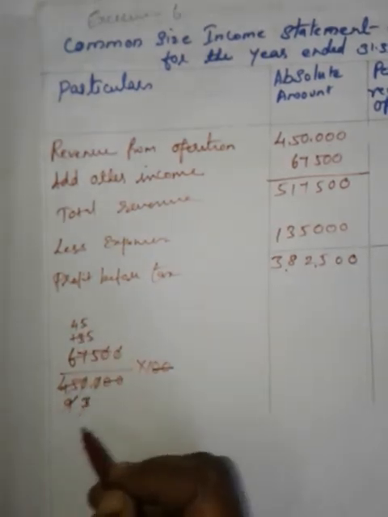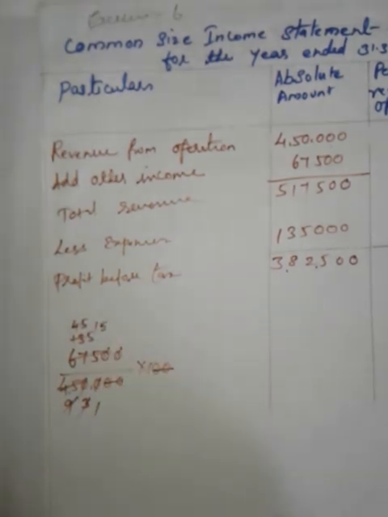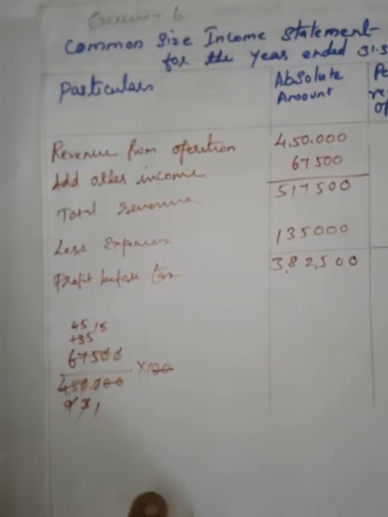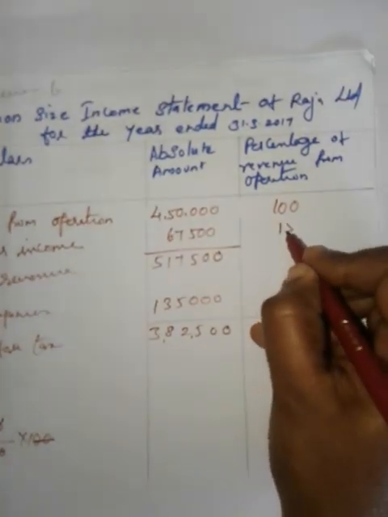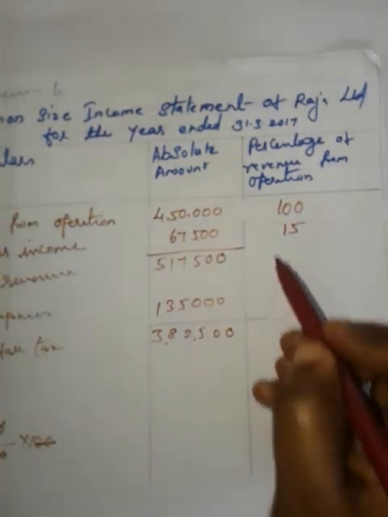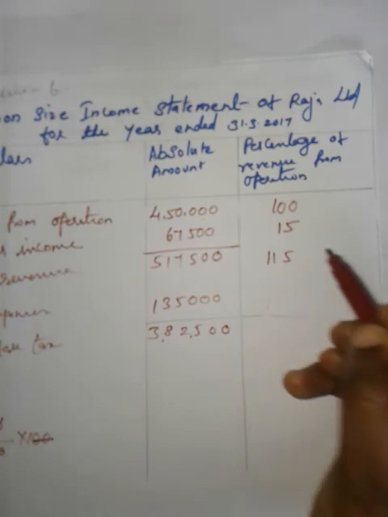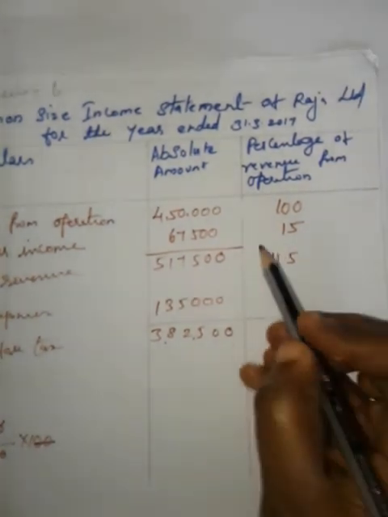Next one more we will make. 5 3s are 15. So we get 15, and here we can make 15 as percentage. Then you can add: 100 plus 15, 115.